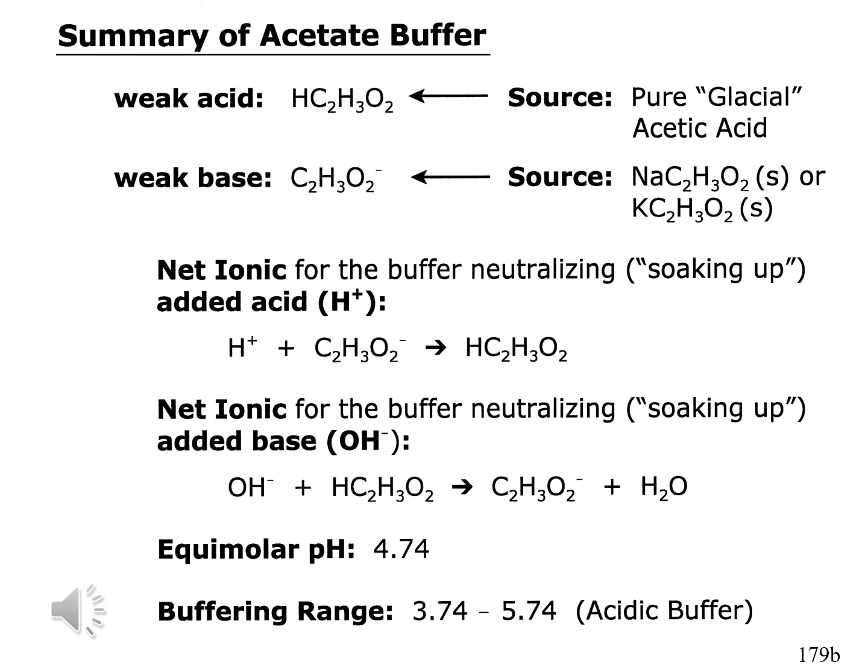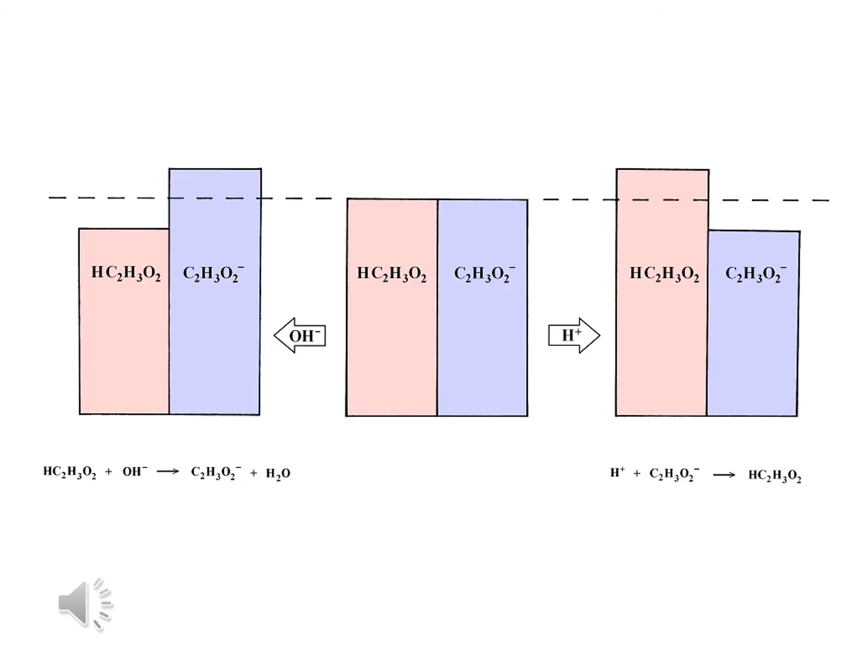They're crystals. This is a visual way to imagine how adding an acid or base works. I showed those two columns, and the pink one has acetic acid in it, and the blue one has the base, acetate.